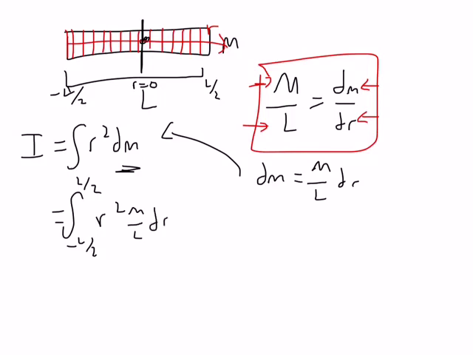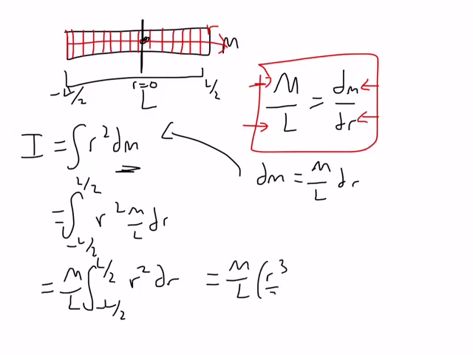Now we can actually solve this. m and L are constants, they come out, and we have to integrate r squared dr with those endpoints. So m over L, r cubed over 3, and we evaluate that from negative L over 2 to L over 2. We plug that in, m over L, actually I'll move the 3 out.